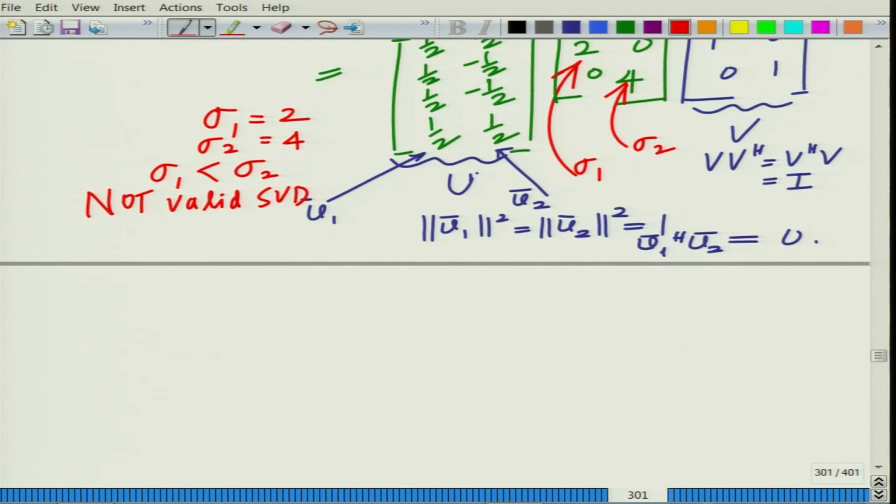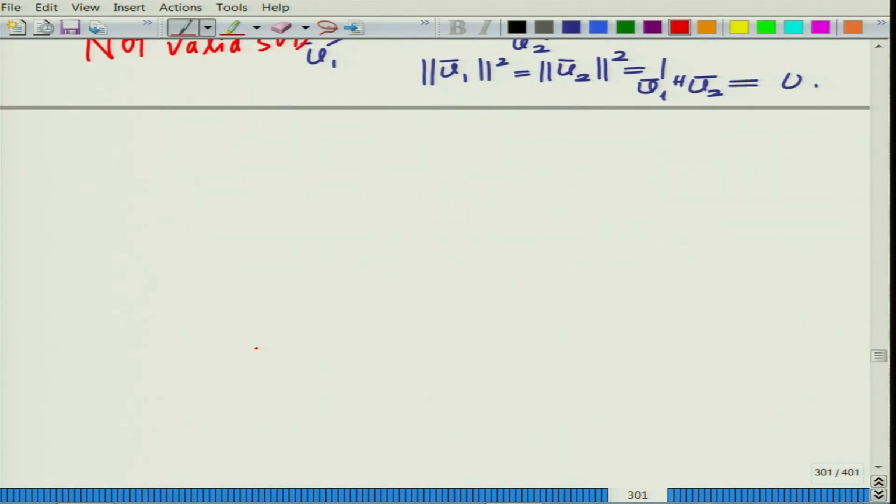by switching the columns and rows alternatively. So, let me write this once again and let me illustrate what can be done here. It is simply a permutation of the columns and rows.